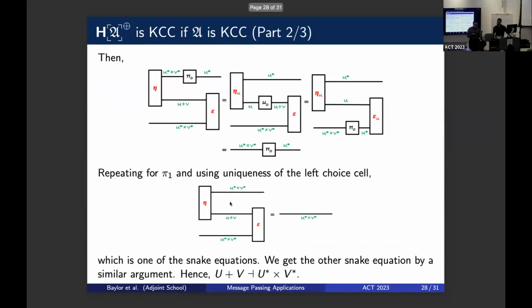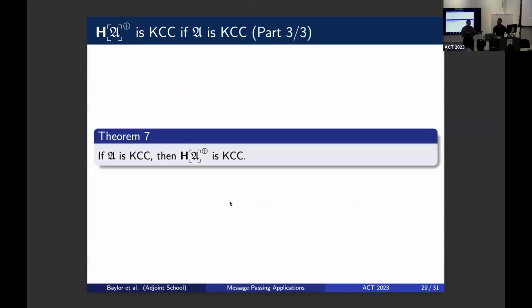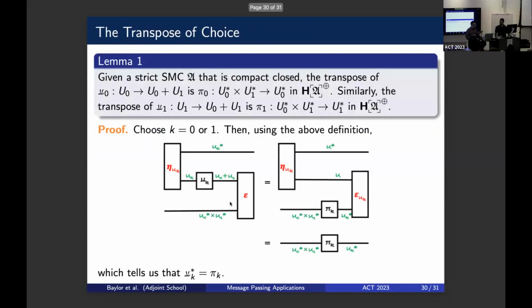So we have some math, which I'll skip. And we basically have this interesting result that if the base category is compact closed, then the horizontal component of the free cornering with choice added is also compact closed. And as the final result, which I think is personally one of the coolest results we found, since the category is compact closed, we can talk about transposes.